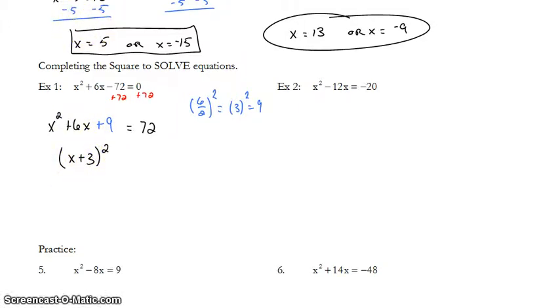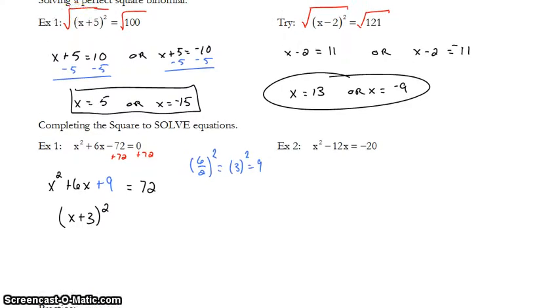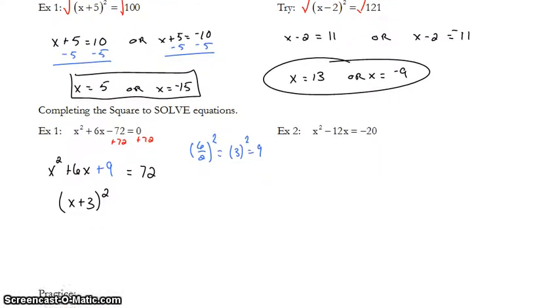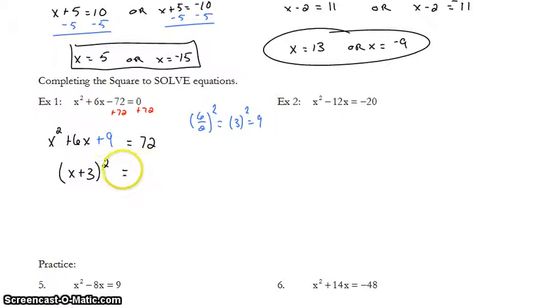Now I have the beginnings of this equation here. I have a binomial squared. The trick here is I'm not done because I added 9 to the left side of my equal sign. And we all know from algebra, you cannot do something on one side without doing the exact same thing on the other. If I'm going to add 9 on the left, I have to add 9 on the right.